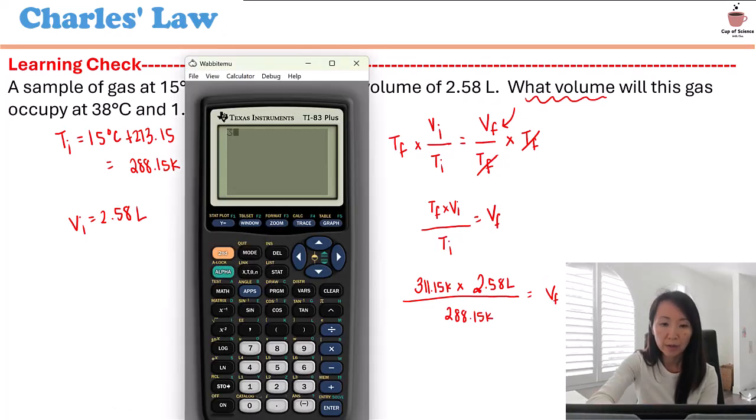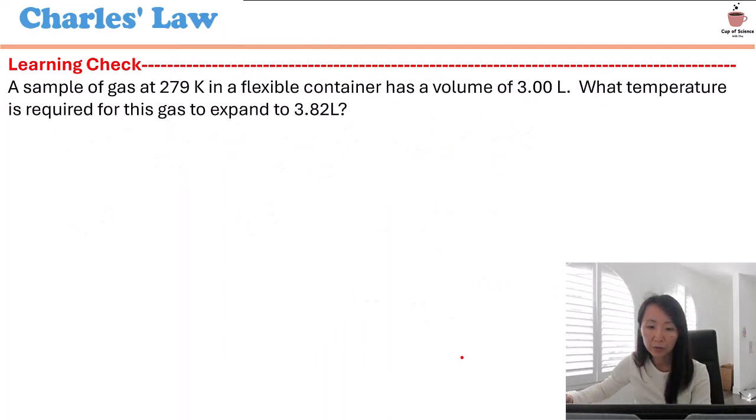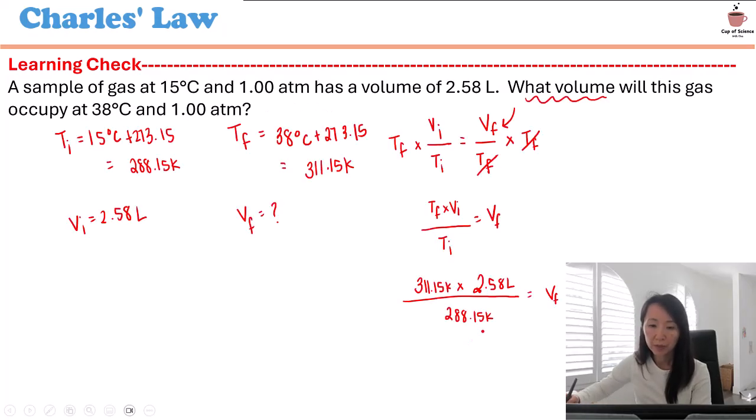Let's go ahead and plug this into our calculator here. So we have 311.15 times 2.58. Okay, hit enter and then divide that by the initial temperature, which is 288.15. And I get 2.79 liters.